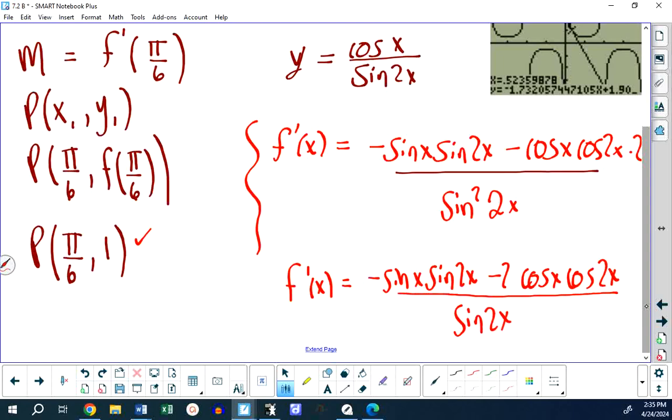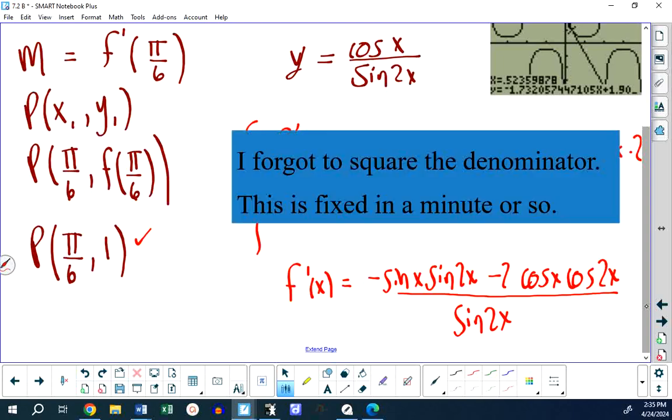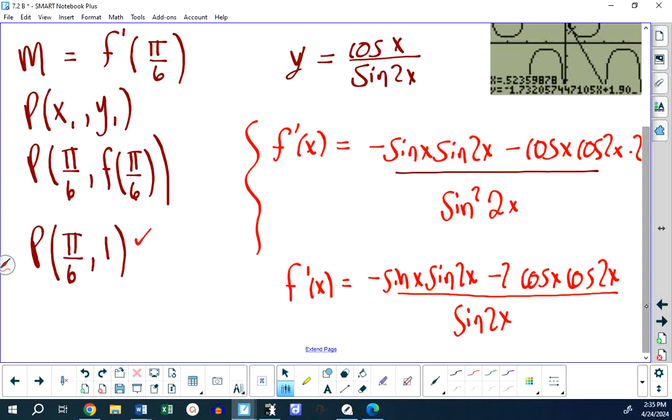I'm just going to squeak that 2 out in front of the cosines. Are we fine with that? Okay. Now, I'm not going to draw a unit circle diagram for each one of these.